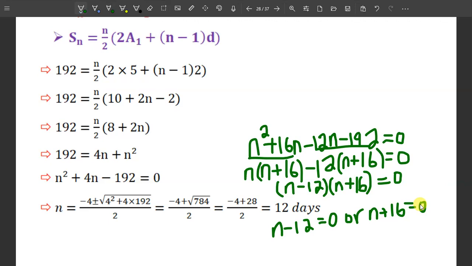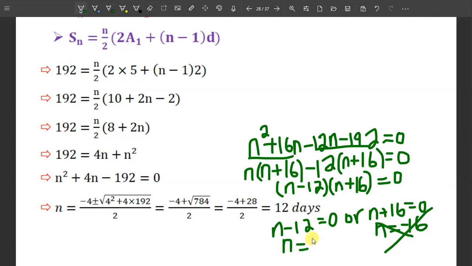Either there is no desk that was built by the carpenter or there are some, and therefore n equal to minus 16 is out of the question. It is not the answer since our n is always positive.